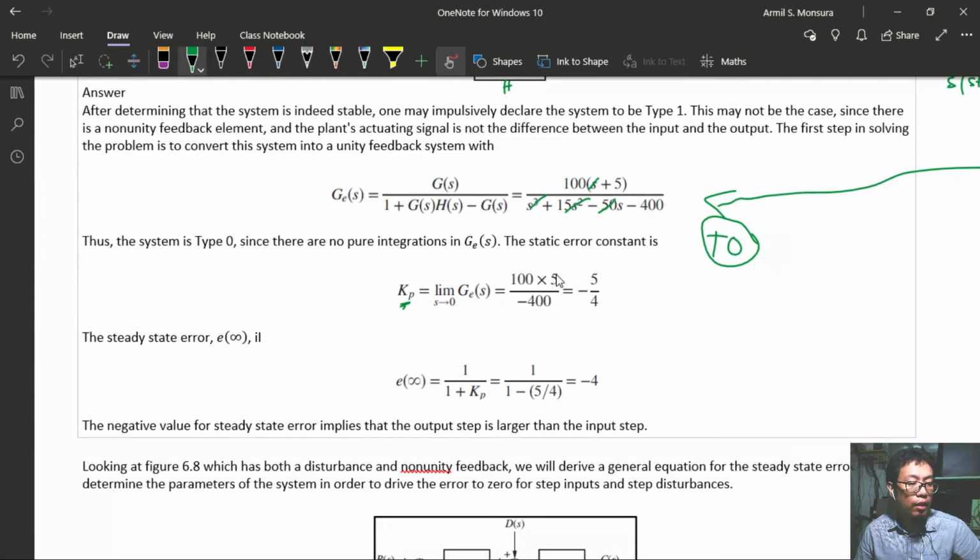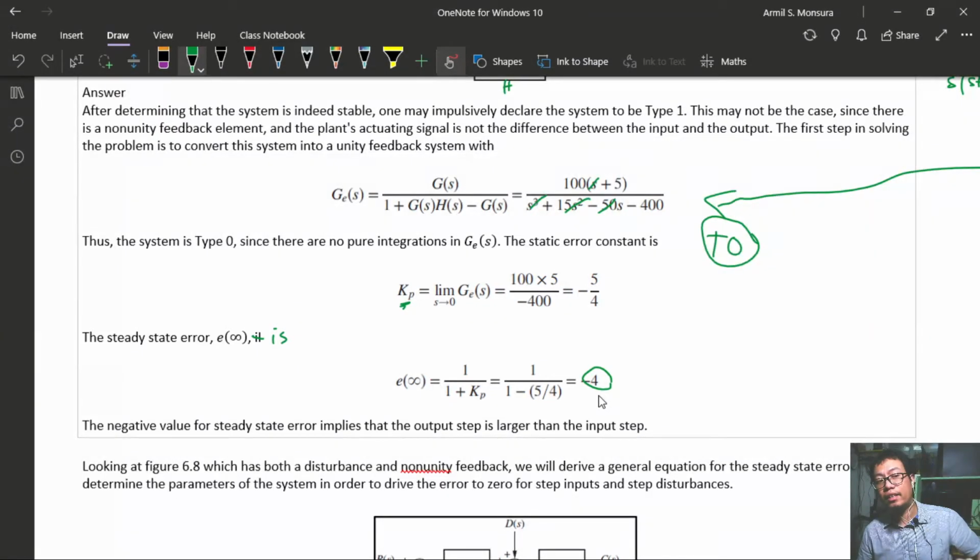Now, the steady state error is then 1 over 1 plus Kp, which gives you negative 4 as your steady state error. Now, ano yung sinasabi nung negative 4 na error? It means na dumadagdag, again as discussed in the previous lesson.